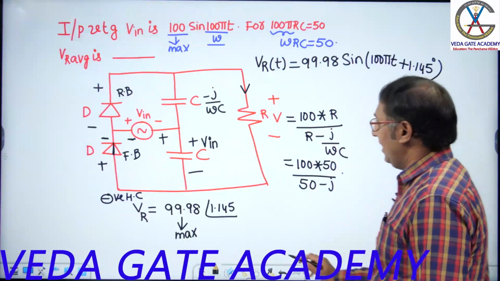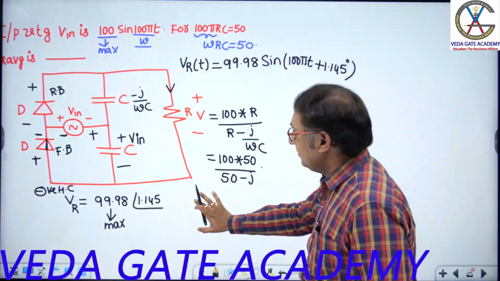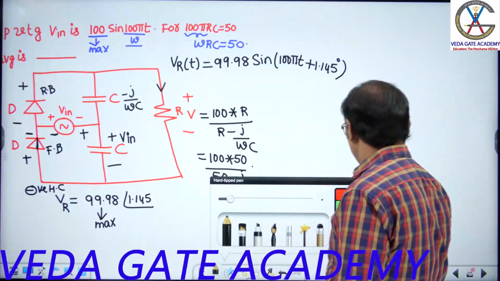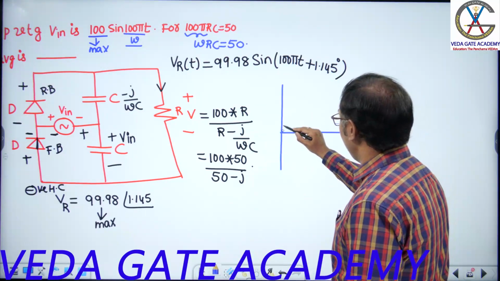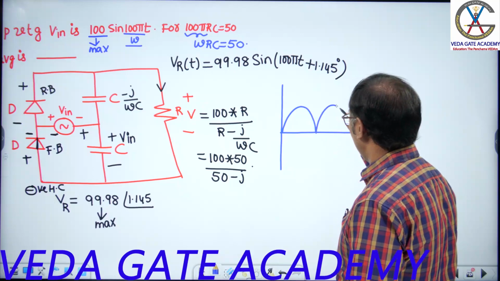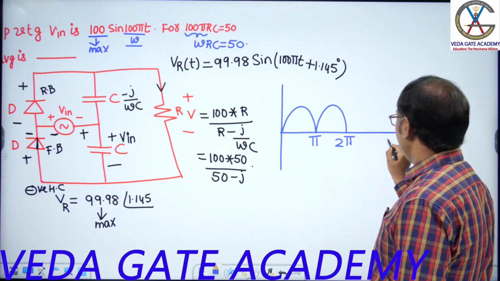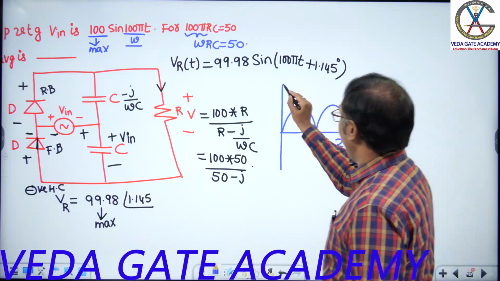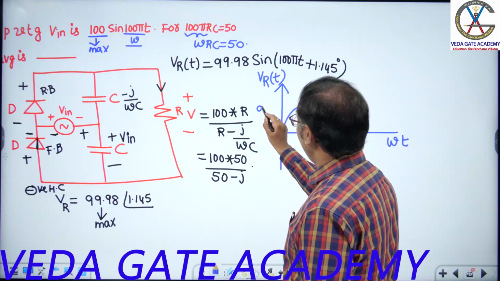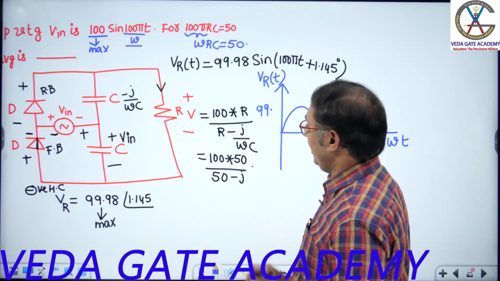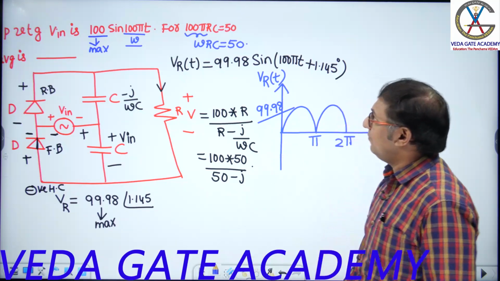Finally, the output voltage across the resistor is a half wave rectified output like this. This is pi, this is 2 pi, this is omega t, this is VR of t, where the peak value is 99.98.